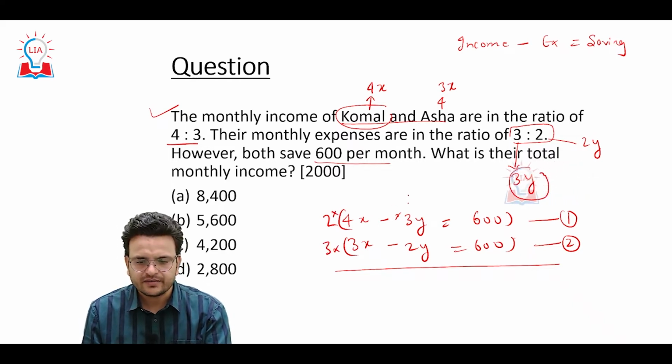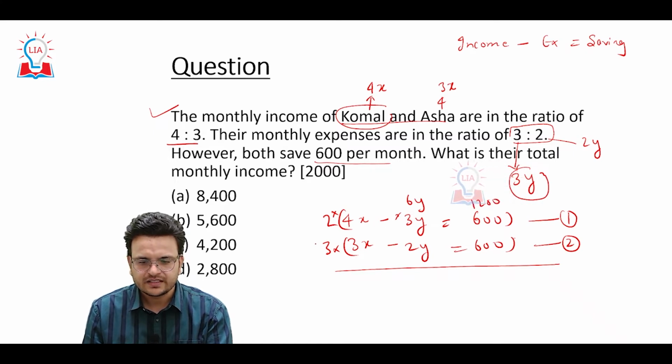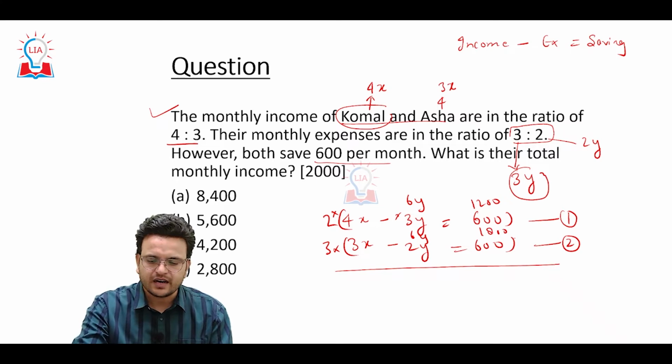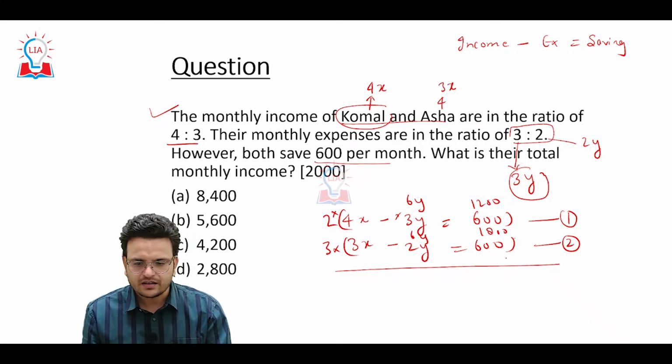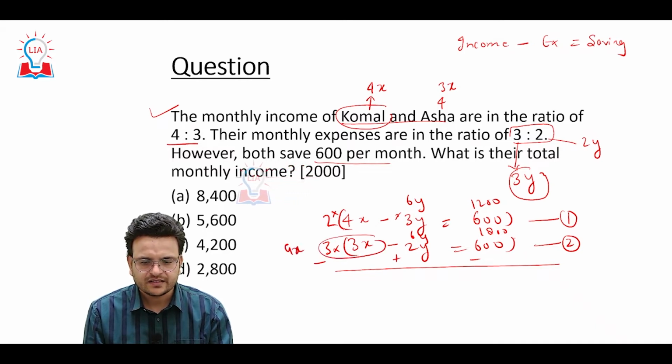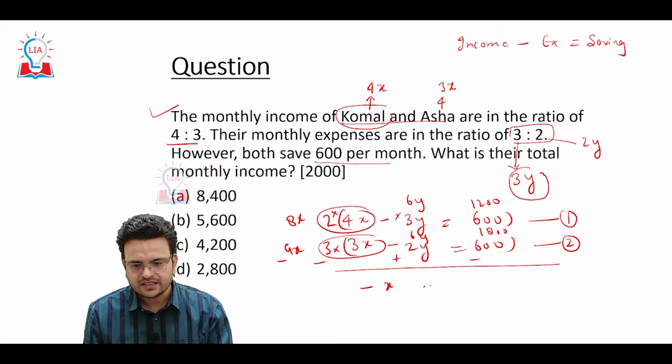So here it will become 6y and 1200, then again 6y and 1800. If you solve this equation, you are going to get the answer. Here consider minus, plus, minus: 9x, 8x, 9x minus 8x is x, equal to minus 600.